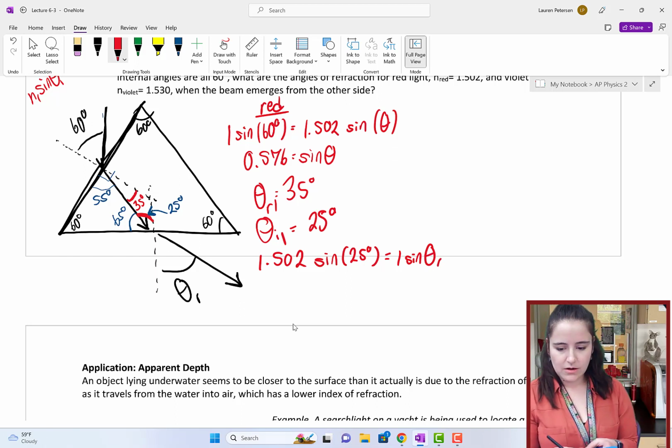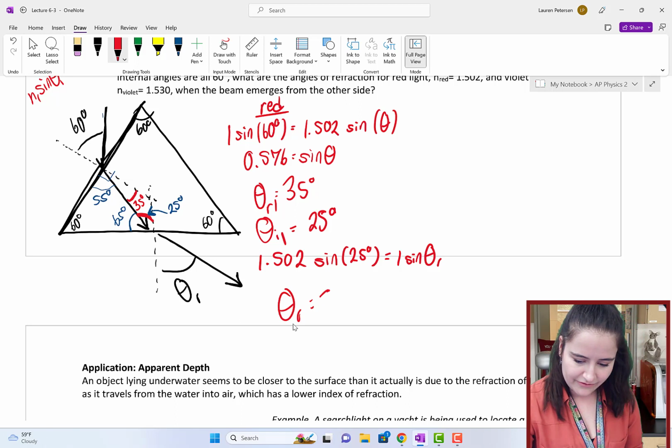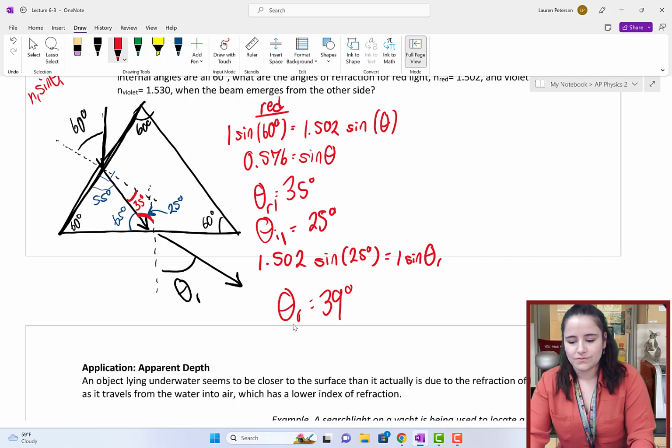Okay, so let's do the math. 1.502 times the sine of 25 degrees, and then we take the inverse sine of that answer to get a final angle of refraction of 39 degrees. Okay, cool.